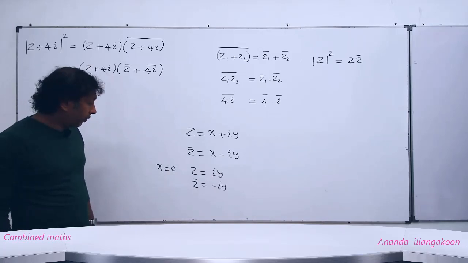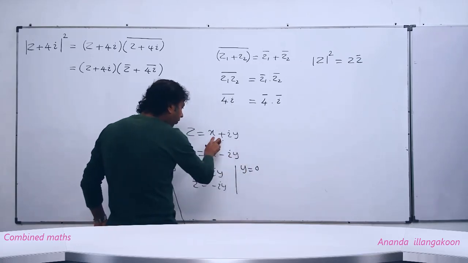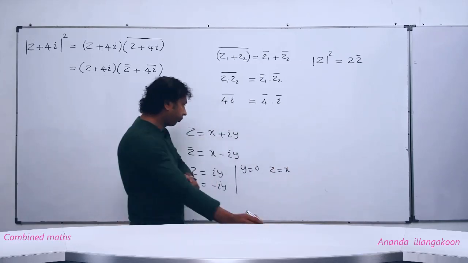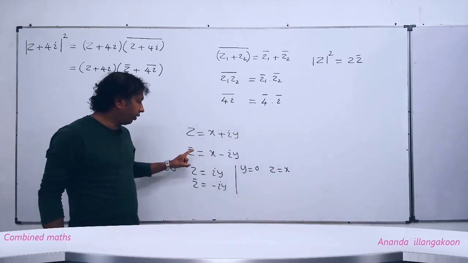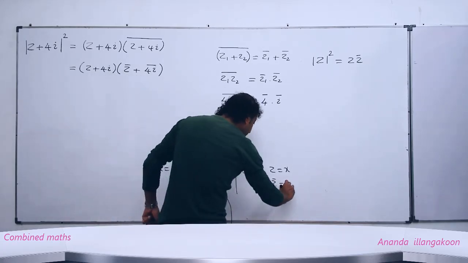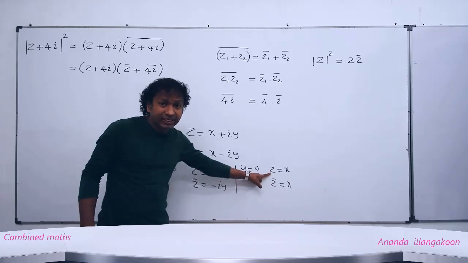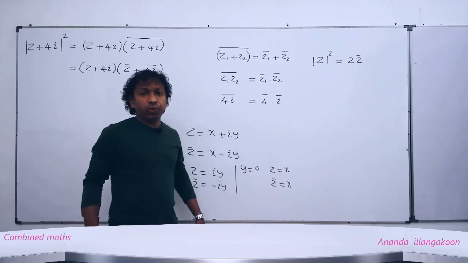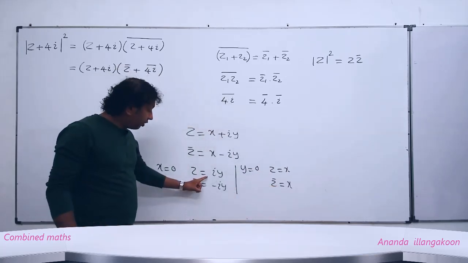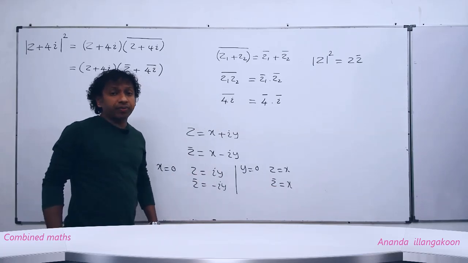Now suppose secondly y is 0. Y is 0 means Z equals x. Then what is Z bar? It is x. When y is 0, the complex number Z is purely real. Of a purely real complex number, the conjugate is the same. If the complex number is purely imaginary, its conjugate can be obtained by multiplying by a minus sign.